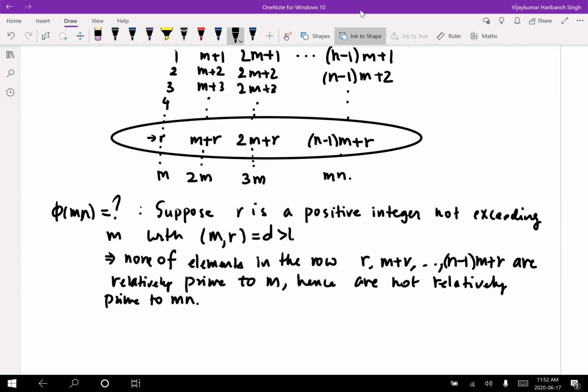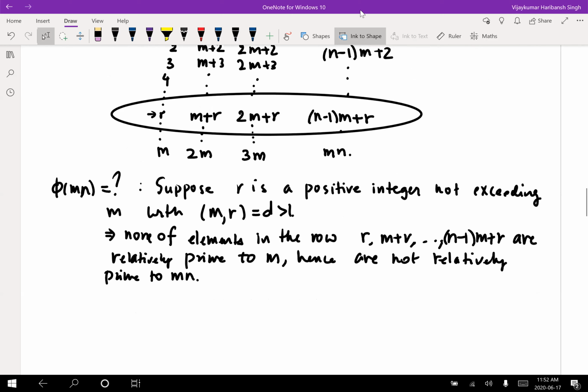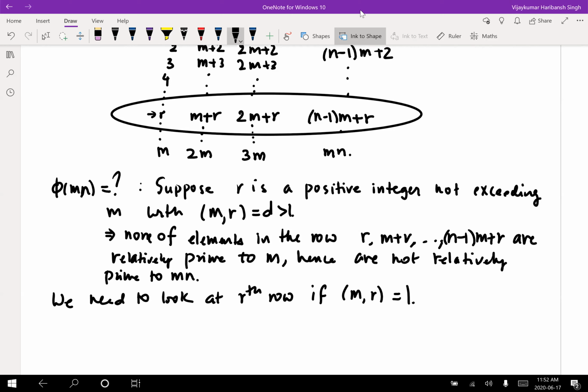So what are we looking for? Consequently, we need to look at the rth row if m and r are relatively coprime, right?